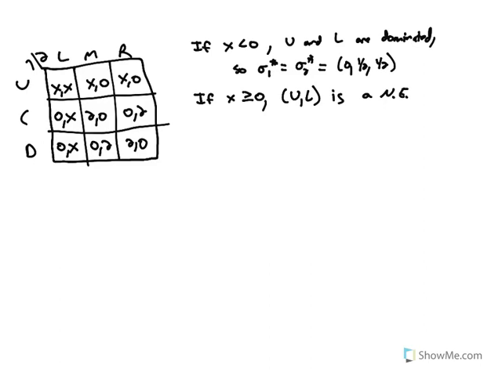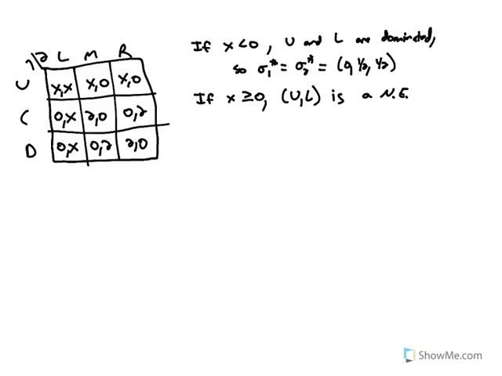Even x equal to 0, if I play U as player 1, then the best you can do as player 2, you're going to get 0 whether you play M or R or L. So L is a best response, and the same for U. So it's a weird equilibrium. I wouldn't expect people to play that one, but it is an equilibrium. So as long as x is greater than or equal to 0, then U and L are always in equilibrium. It's not an equilibrium if x is less than 0. It is an equilibrium if x is greater than or equal to 0.